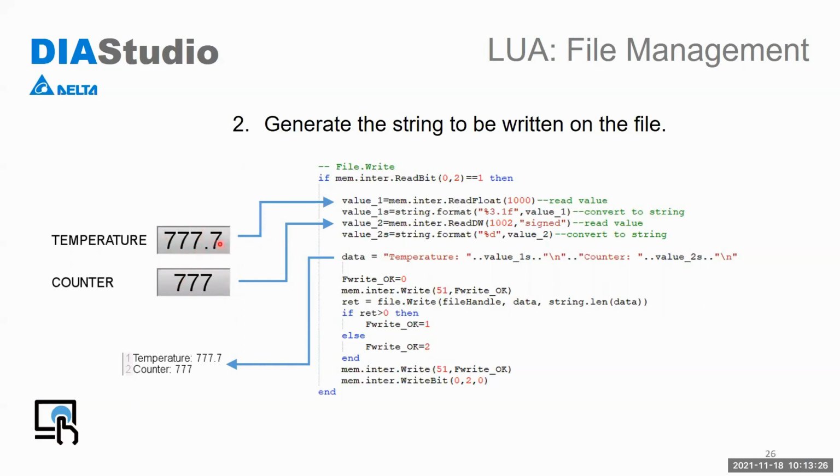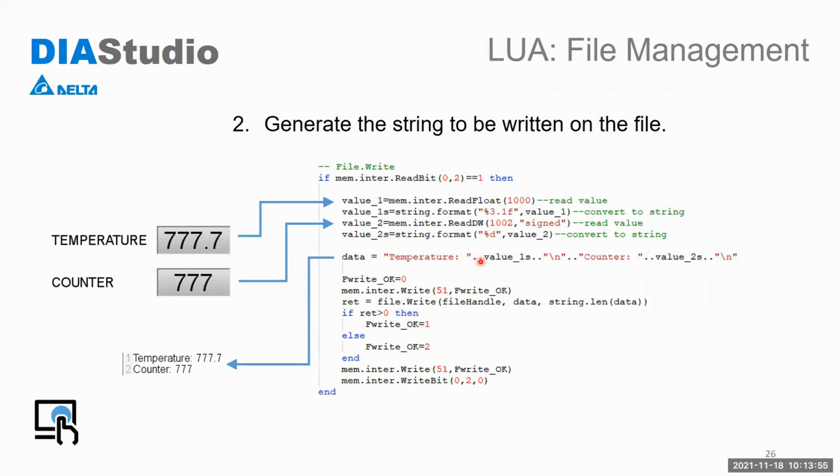But I want to not only put the values, but also show some text like temperature and counter. In order to do that, I need to use the concatenation tool. So my data, what I'm really going to write in my file, will be temperature. This is a string itself. This dot dot means concatenate, so put together.